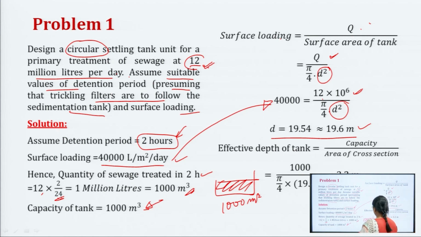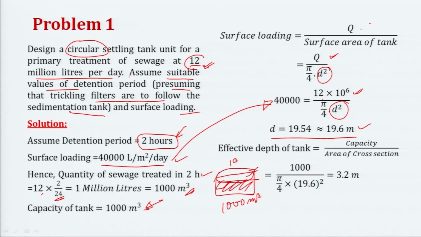So, you had a capacity of 1000 meter cube, and the diameter is 19.6 meter. Now, what you have to find out is the depth, right. The effective depth of a tank is the capacity divided by the area of cross section.